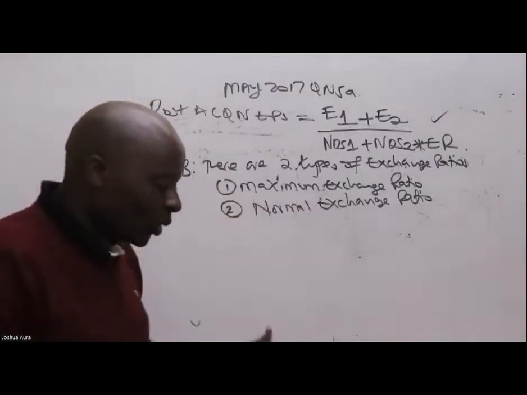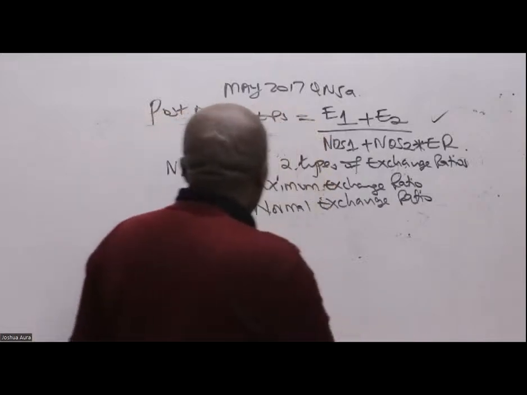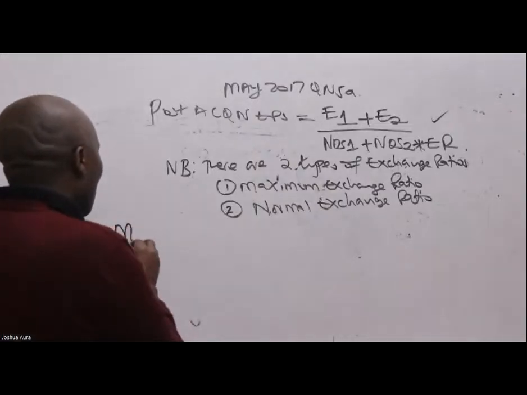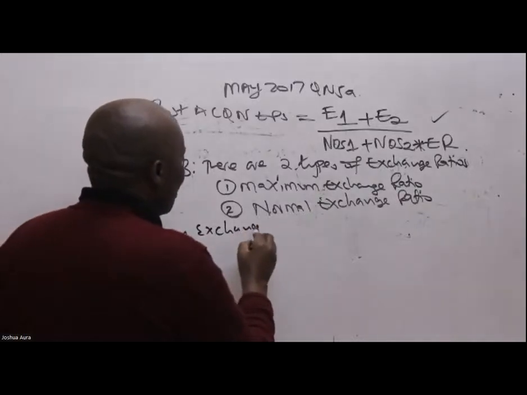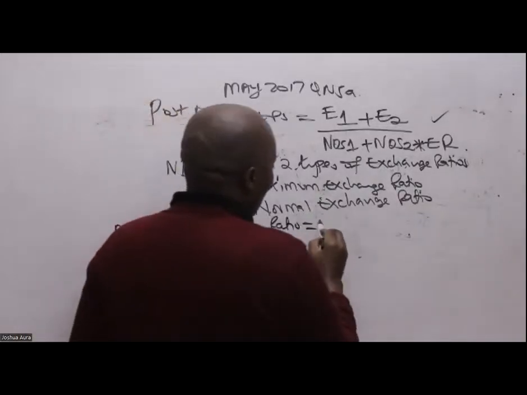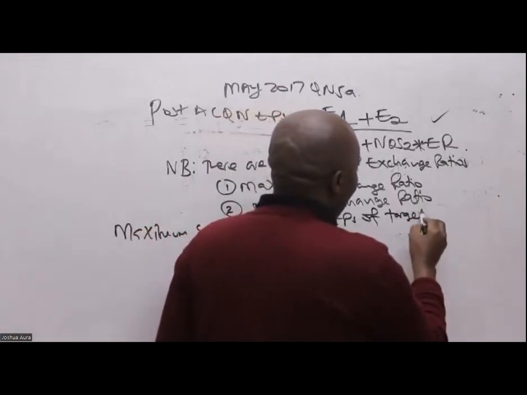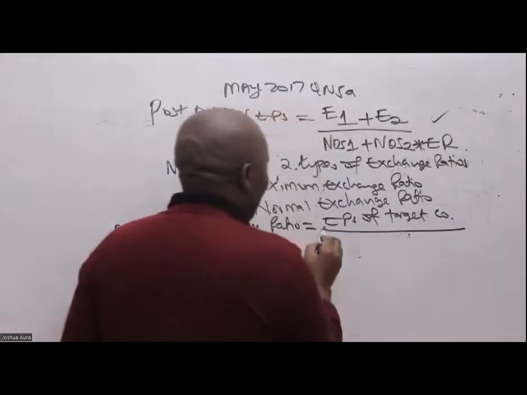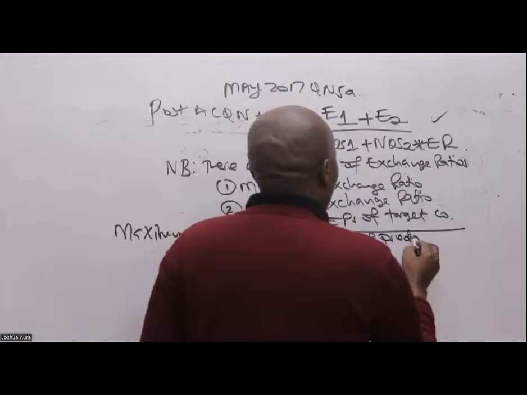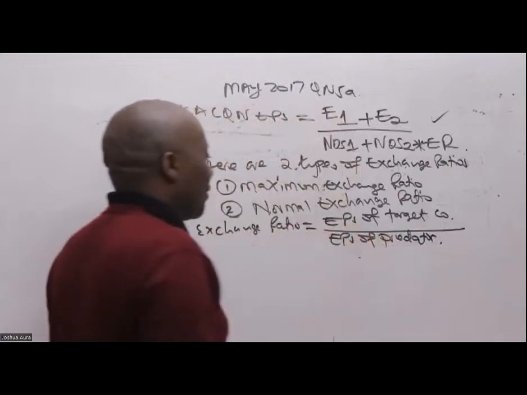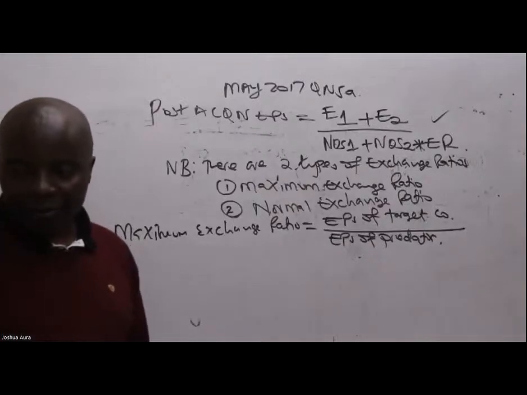Maximum exchange ratio equals EPS of the target company all over EPS of the predator.